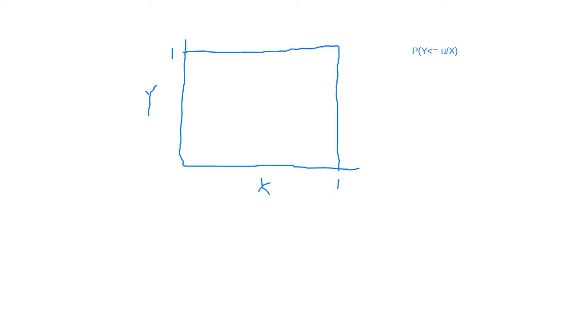If we pick a value for u, then we're going to get a curve like that. And we're looking for the integral over this region.